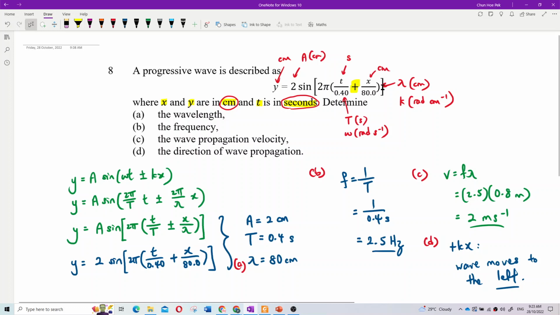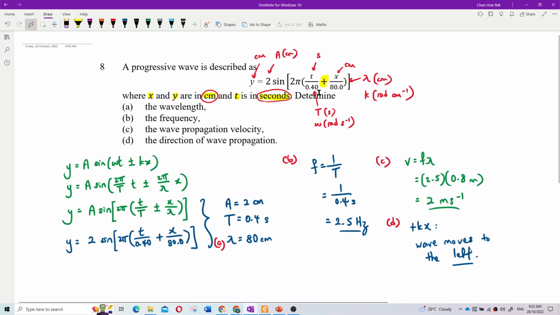Normally positive is to the right, but this one is the opposite: positive kx to the left. Okay, so that's all for question 8.